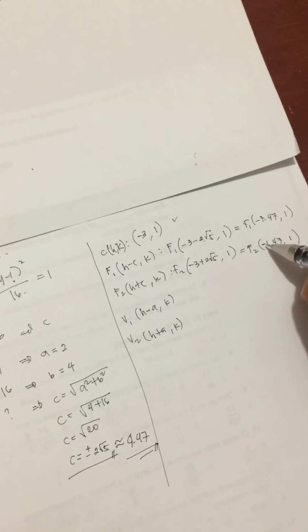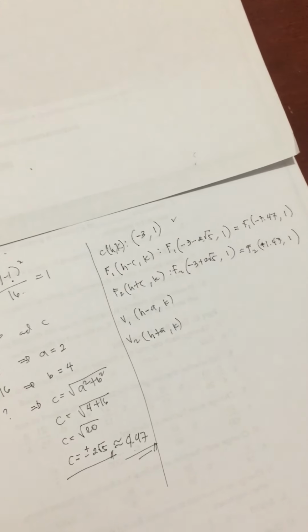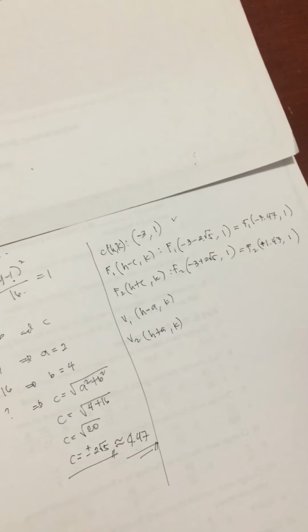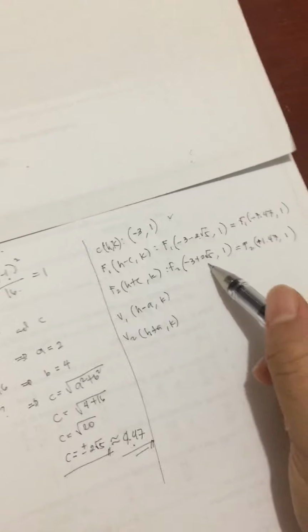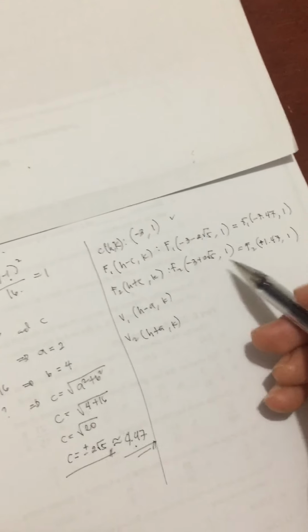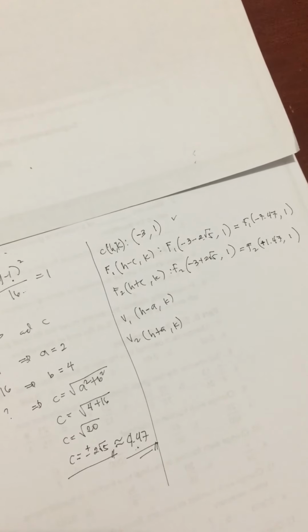Sorry. It is positive pala. Positive 1.47 comma 1. Tama ba? Negative 3 plus 4.47. Oh, ayan siya. So, positive siya.